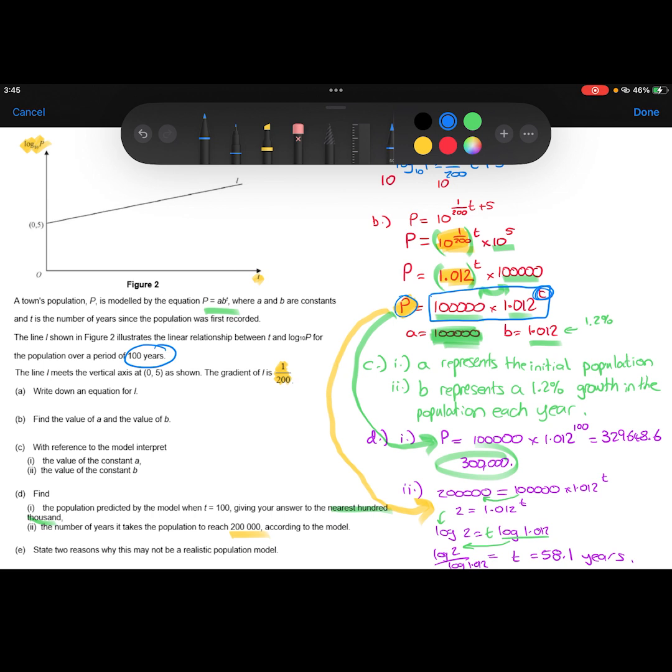A whole host of reasons why the population is not going to continue growing according to the same model over such a long period of time. So the sentence I'd write for that is, 100 years is a long period of time, and it is unlikely that the population will continue growing according to the same equation over such a long period of time.